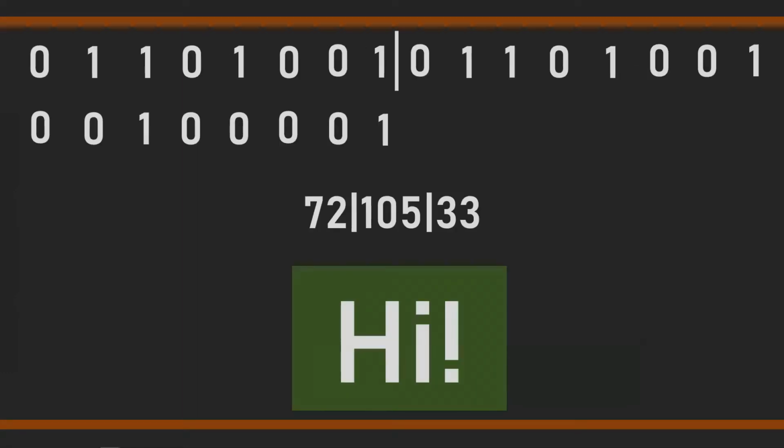And so, by stringing these bits together, we can form the word hi, which the computer can understand.